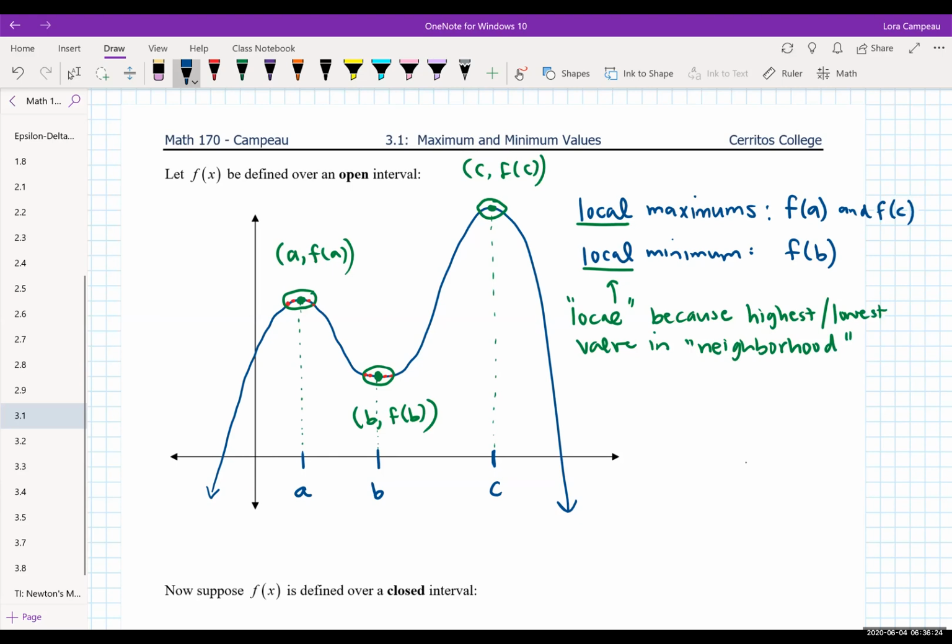Now, there's also something to understand when you're looking at an open interval, depends on where your endpoints are. But we're just considering this entire interval of our function. You will see notation referred to as absolute maximum or absolute minimum.